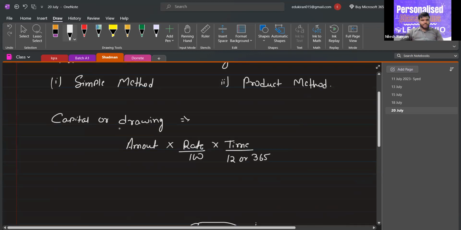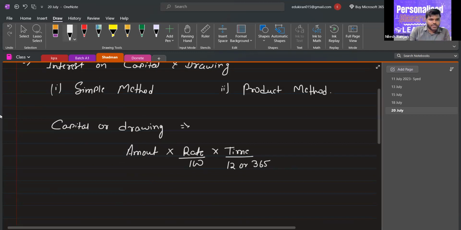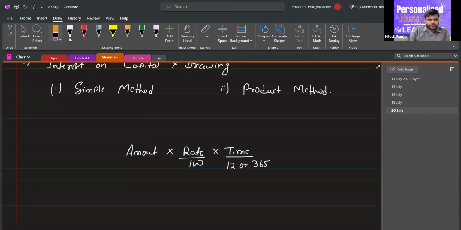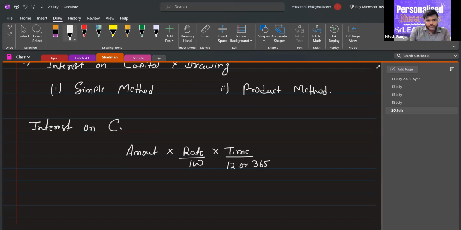Now in simple interest, the formula is for interest on capital and drawing. Interest on capital, but you can use this formula for drawing also.